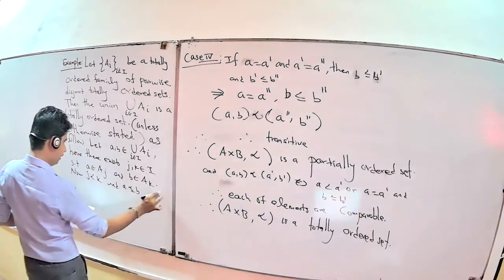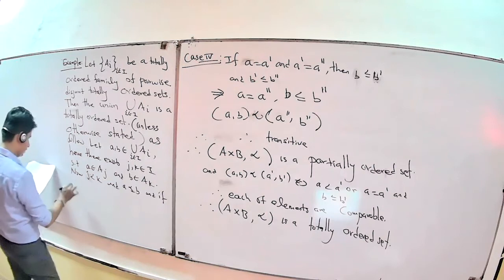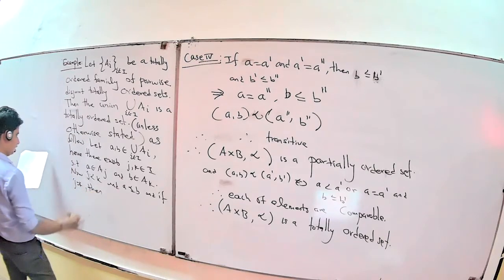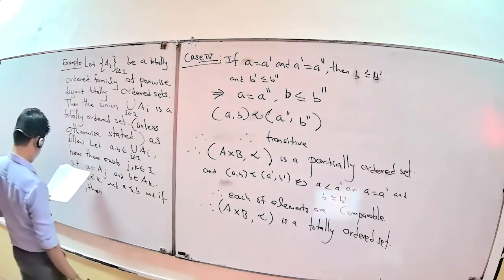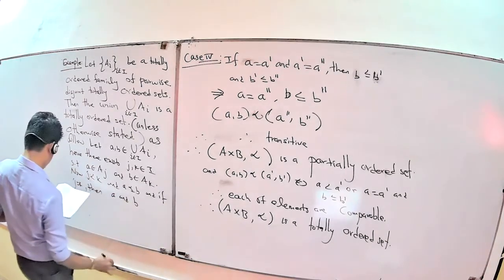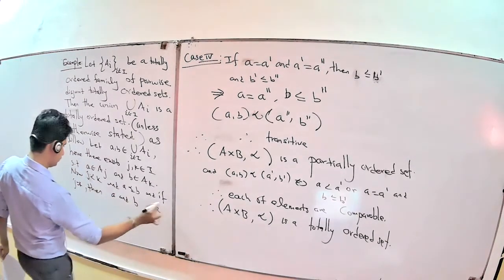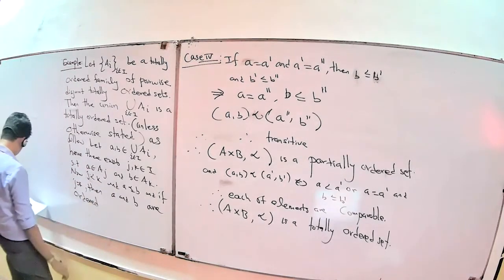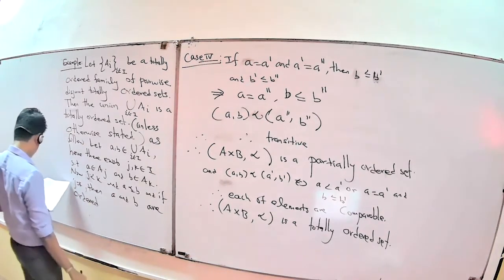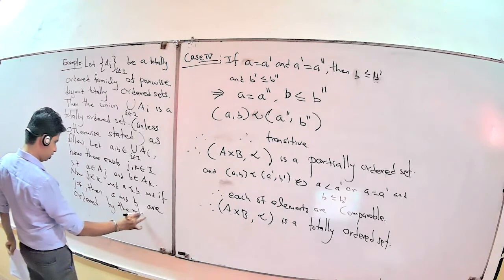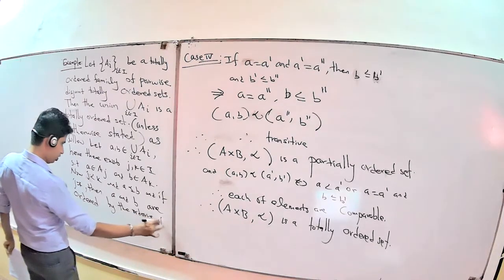And if both are equal, the case j equals k, then a and b are ordered by the ordering of A_j.